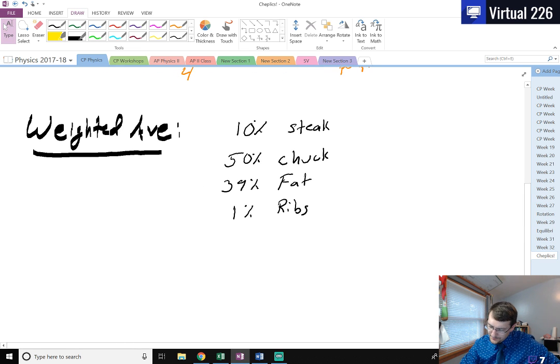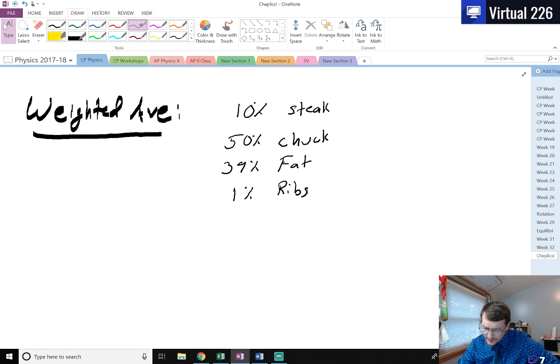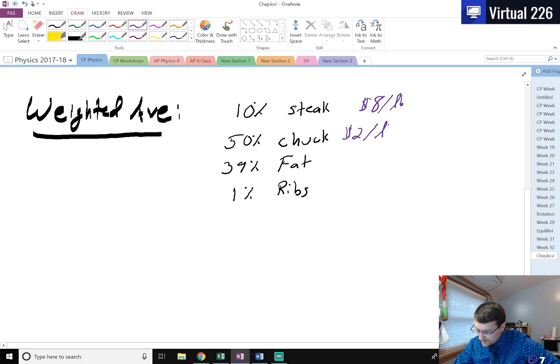Anyways, now for each of these parts here, we could say that steak, chuck, fat, and ribs all have a different cost associated with them. You know, maybe steak is something like $8 per pound, and maybe chuck is like $2 a pound. Maybe fat has some use to it, like you could mill it up or weave it into something.